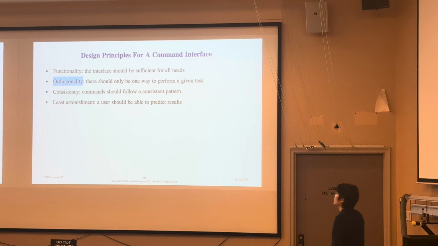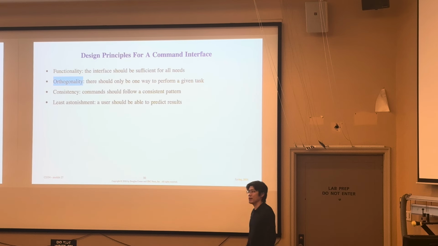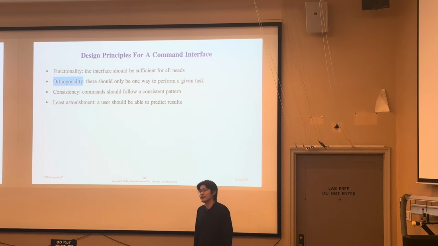This is an example, a very interesting feature. In most language design, we want orthogonality, meaning that every keyword, every command is responsible for one feature or one functionality, and the functionality should not overlap between the commands.